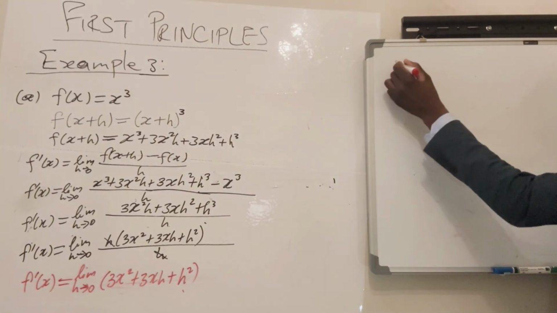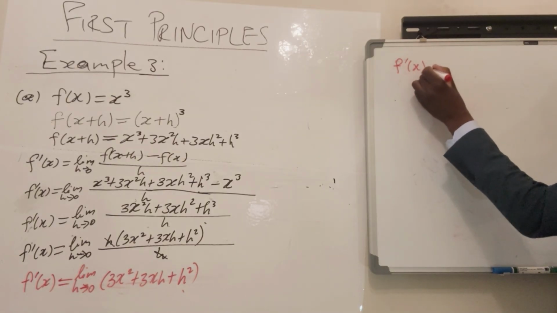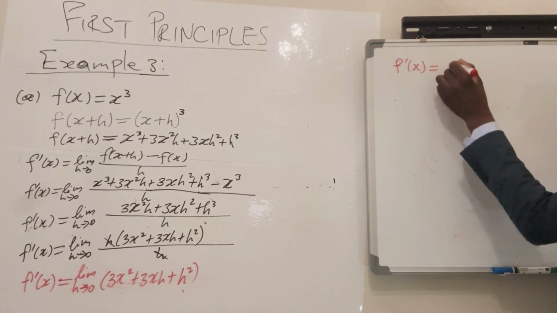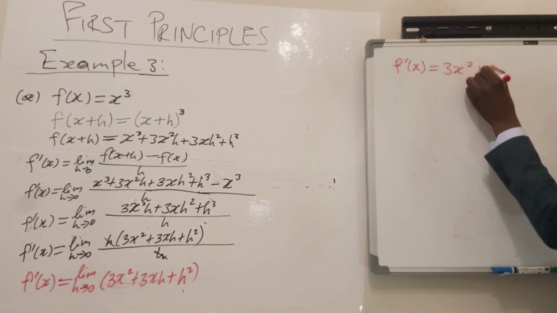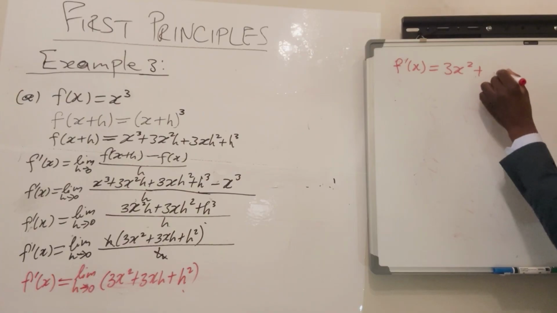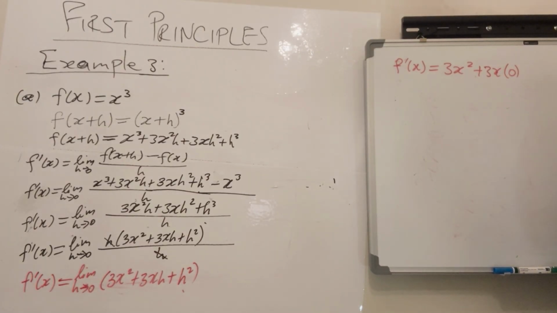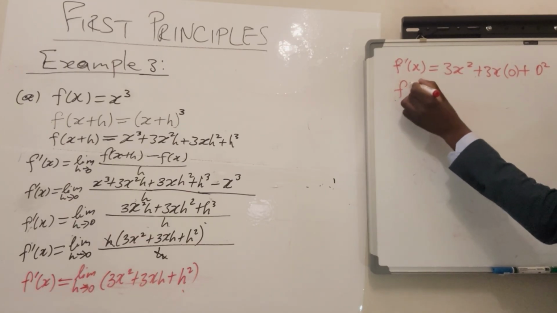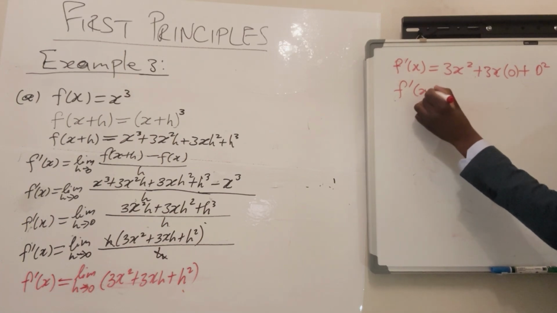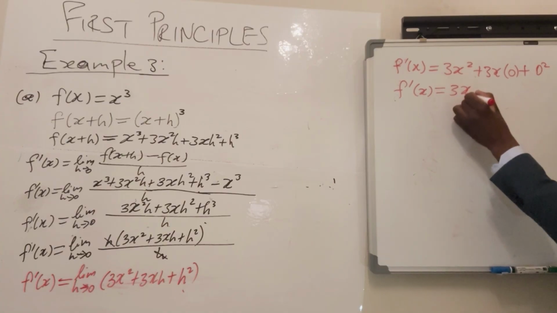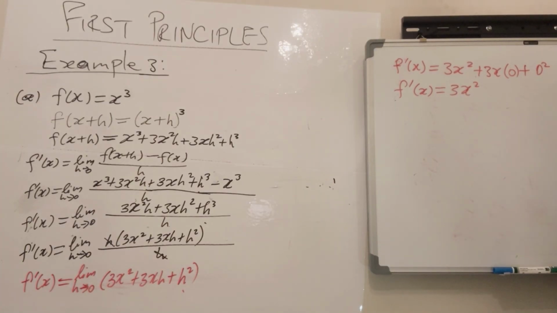Of course, I will say f prime of x is equal to, as I remove the limit, I will just be left with 3x squared plus, ladies and gentlemen, 3x. I remove the limit as h approaches 0, so there must be a 0 there. Wherever there was an h, there must be a 0. And the derivative of f with respect to x, from first principles, is equal to 3x squared.